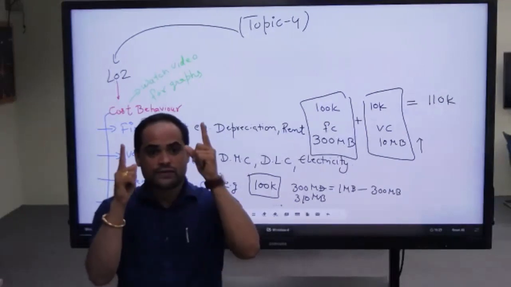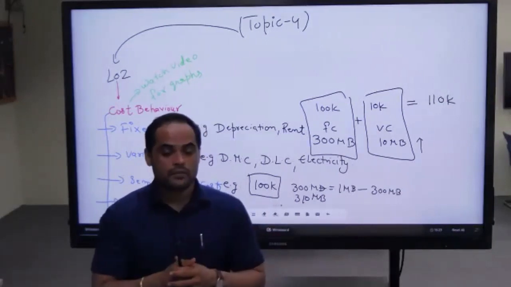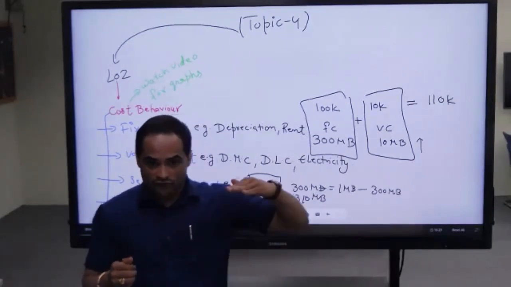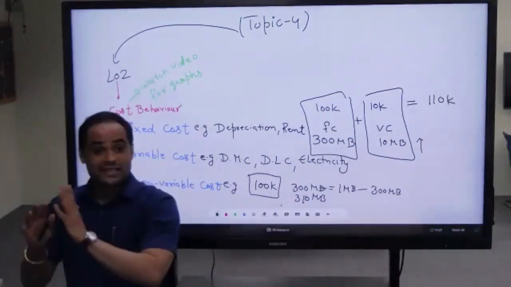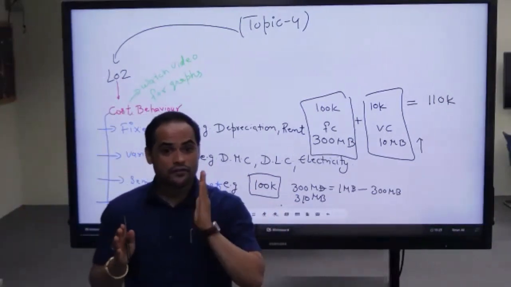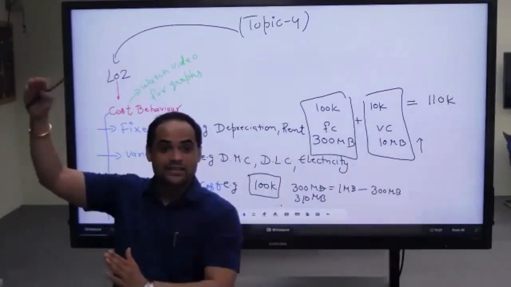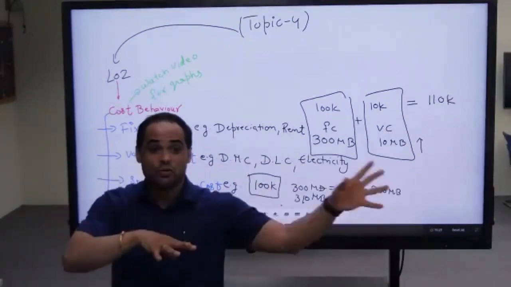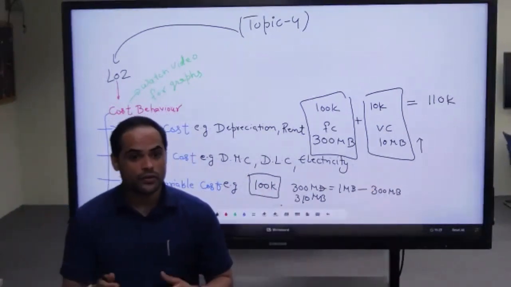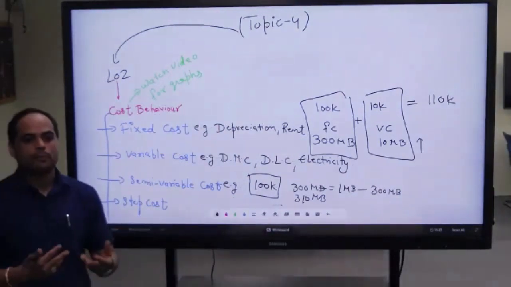Fixed variable, unlike semi-variable. In semi-variable, fixed first, fixed finishes, and then variable. Step means fixed variable, so it turns into a step. Why do we call it step? You will understand if you watch the graph. So I'm going to give you some examples of this step cost.